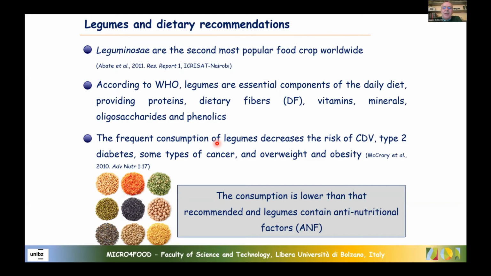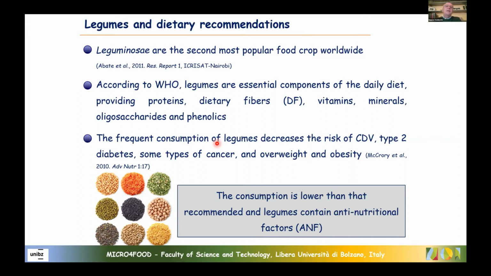And legumes themselves contain anti-nutritional factors, which in some cases may give some problem. So the current strategy is to integrate legume flours, to combine legume flours with grains, with cereals, with pseudo cereals, both for making leavened baked goods, but also for making pasta.